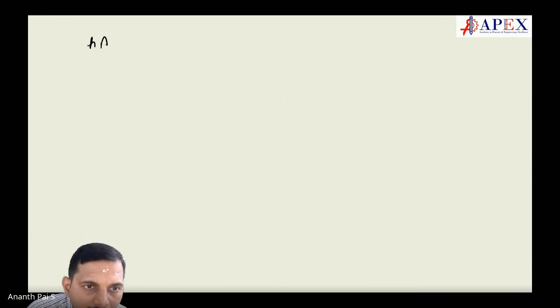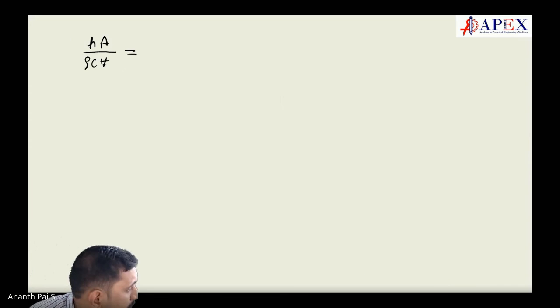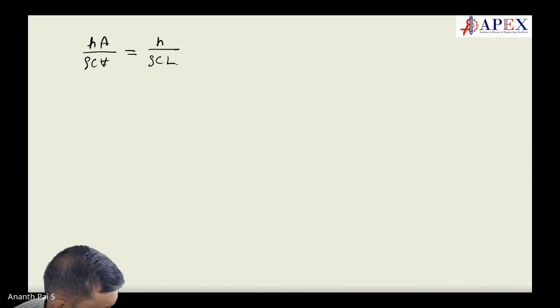Now here, another part. So now, hA by rho C V can be equal to, I can say, h by rho C L. Correct.